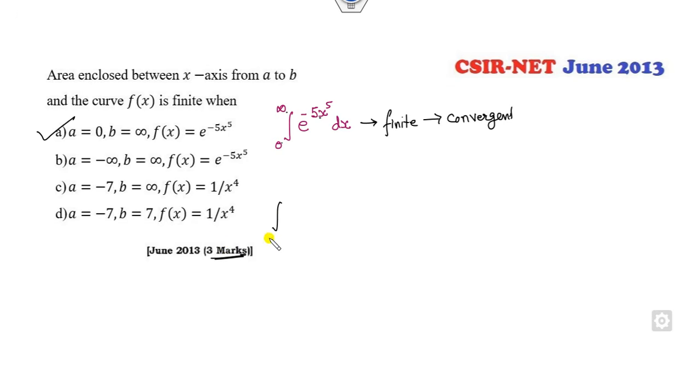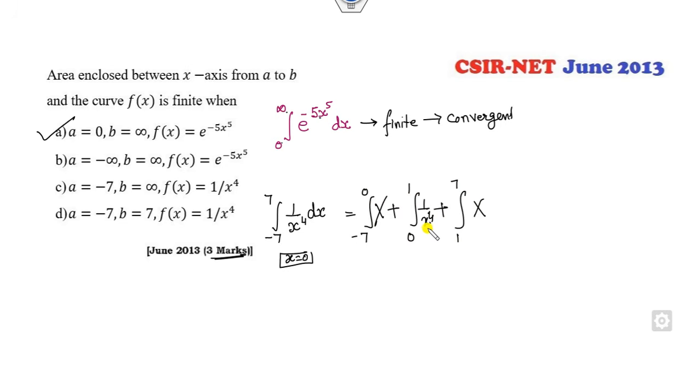But look at the last option, minus 7 to 7, 1 over x raised to power 4. So clearly 0 is the point of singularity. So I can break this number to be minus 7 to 0, 0 to 1 and 1 to 7. In this case there is no problem, in this case there is no problem, but for this case, from 0 to 1, x raised to power p is convergent when p is less than 1, but here this is greater than 1.